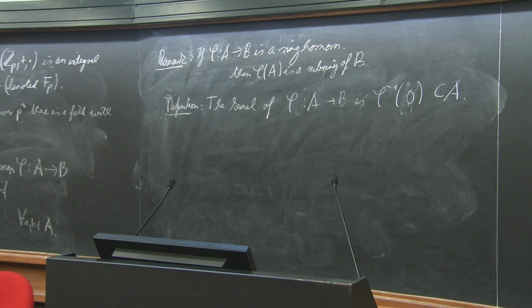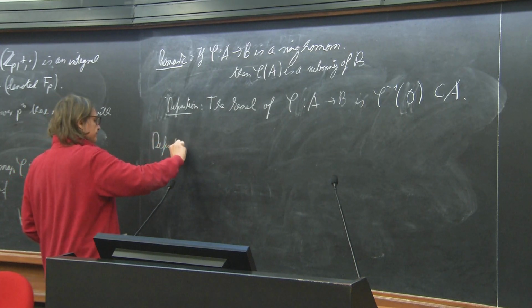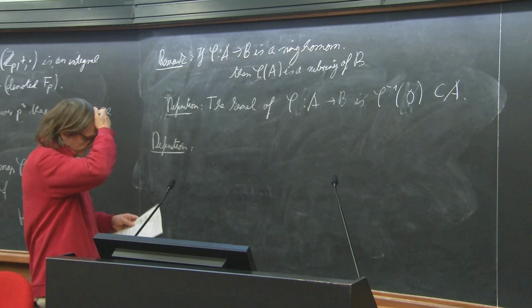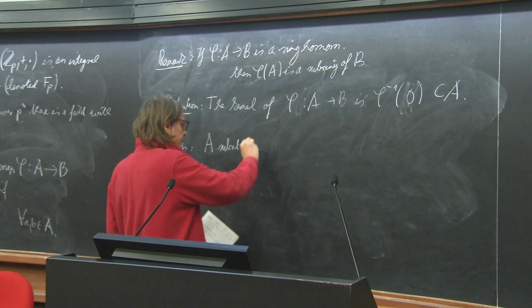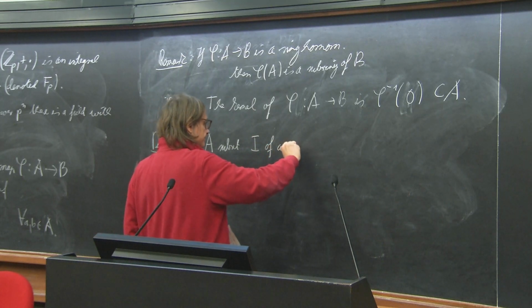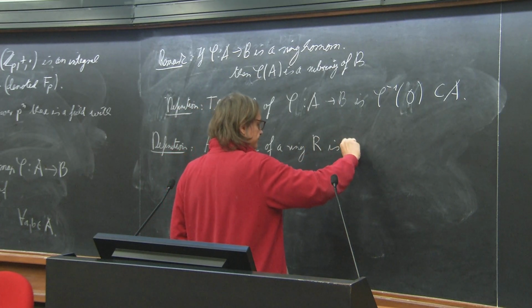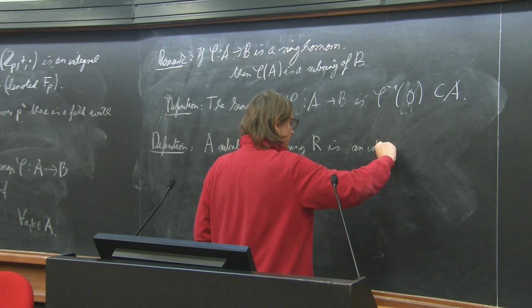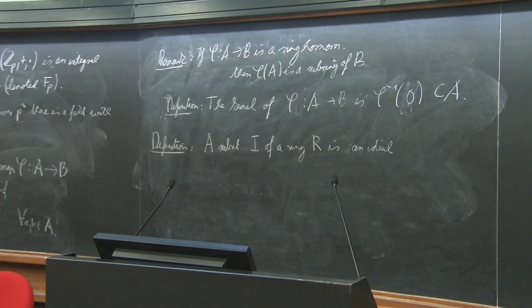So I want to introduce ideals, which are a very important concept, which one uses all the time when one uses rings. Definition: a subset I of a ring R is an ideal if it's first a subgroup of the additive group, and secondly, for the multiplication, it's something better than the condition one uses for a subring.